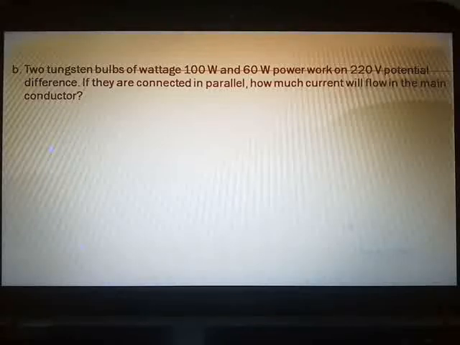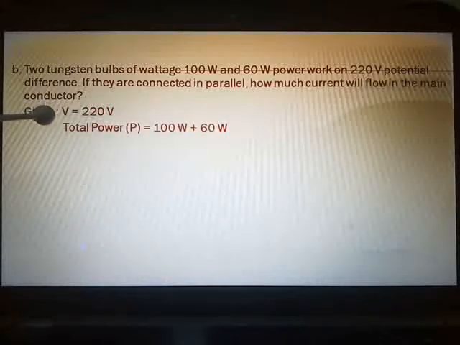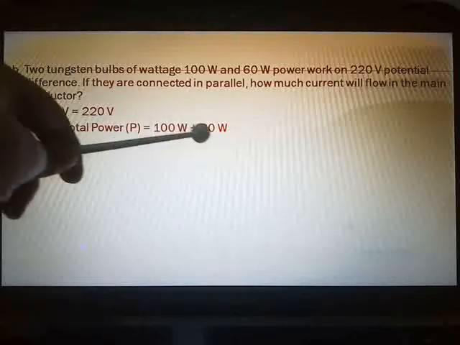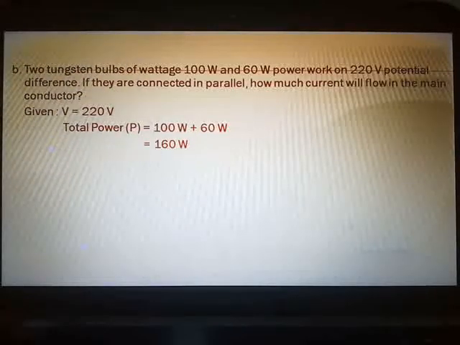There are different ways. You can take the first power as P1, 100 watts, and P2 as the second one, and then you can add and write P. Here I have just taken it immediately. V is 220 volt, that is the potential difference. Total power I have calculated: 100 watts plus 60 watts comes out to 160 watt.